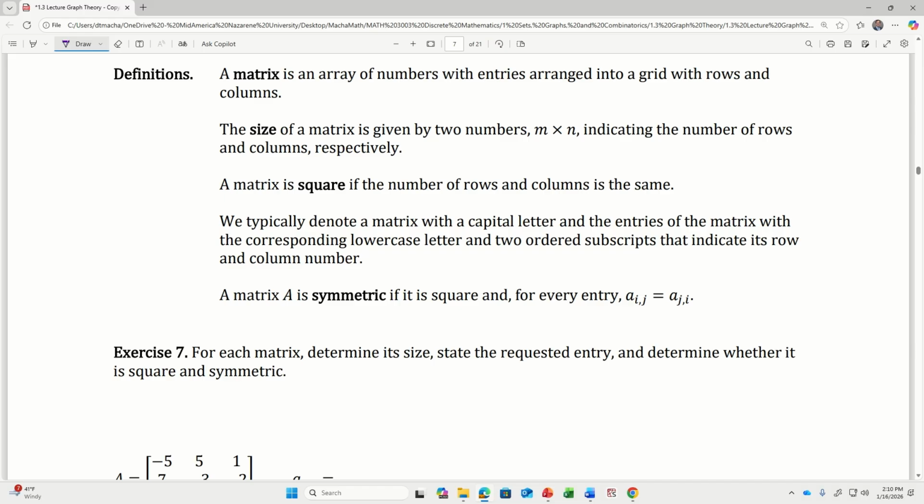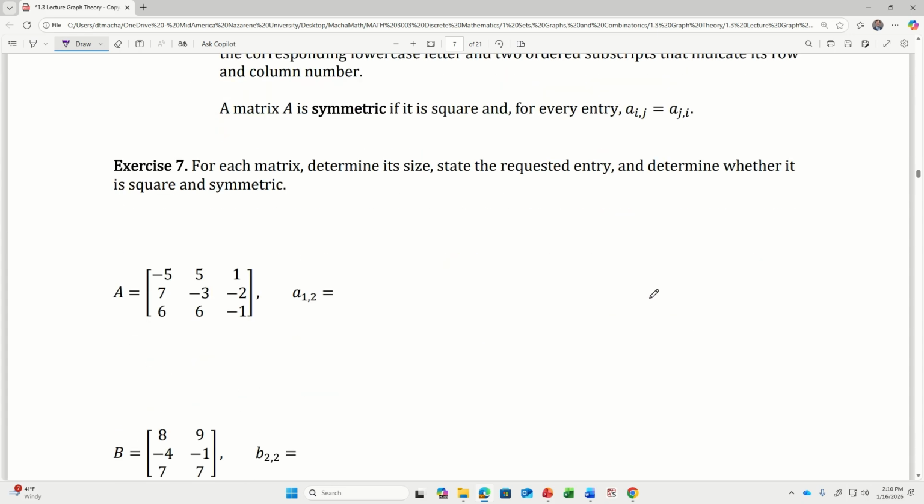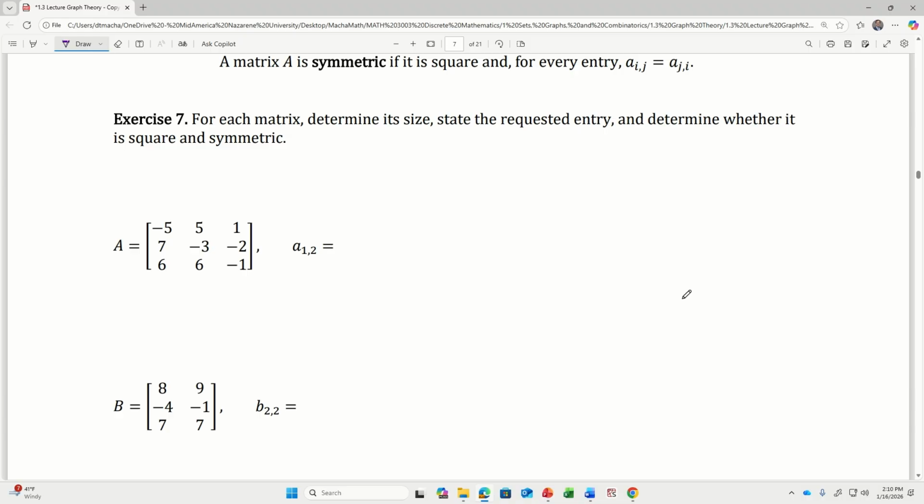Typically, we use a capital letter to represent a matrix and the corresponding lowercase letter to represent entries in the matrix. And we say a matrix is symmetric if it's a square matrix, and if I swap the index of the row and the column, I get the same number.